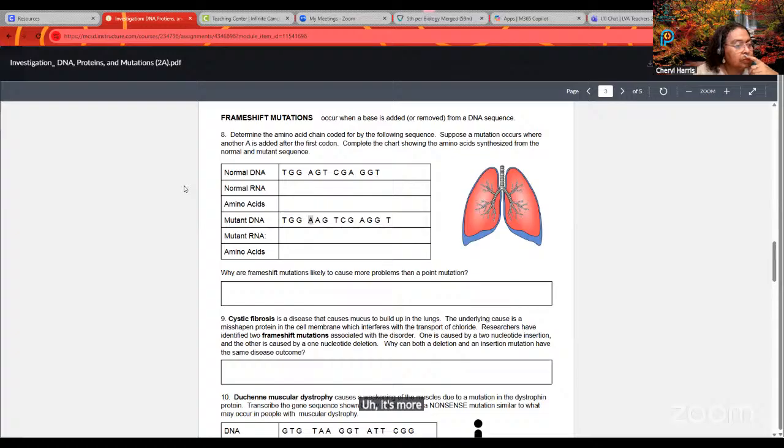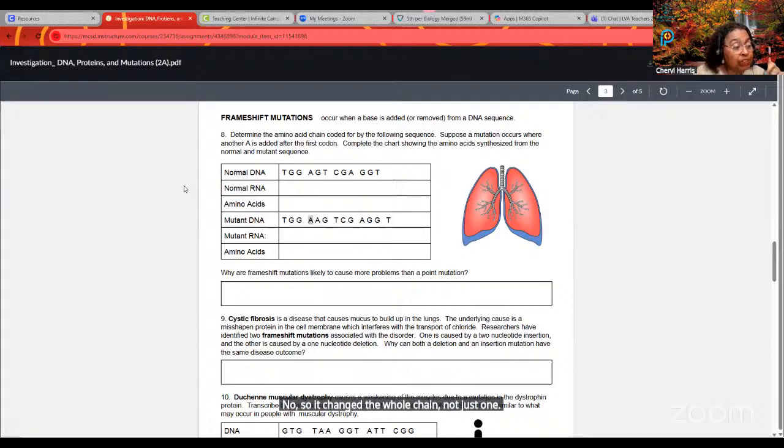It's more problematic than the point mutation because it adds an extra DNA that is not needed. This is not DNA, this is a nucleotide. I know we need to talk about that next class too. Each one of those letters is a nucleotide, not the whole DNA. But what did it do to the sequence? If you finished the other two, is it the same for the rest of them after it? No. So it changed the whole chain, not just one.